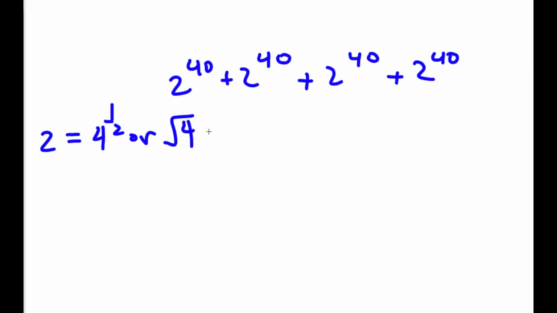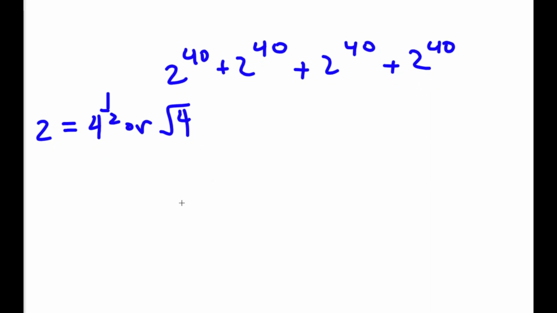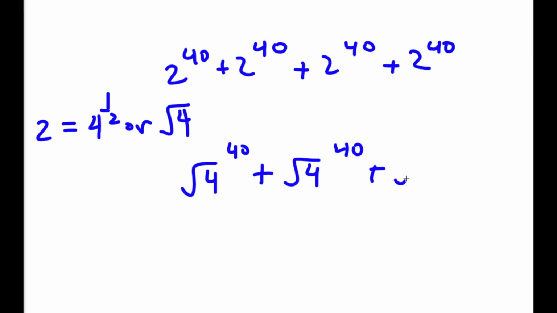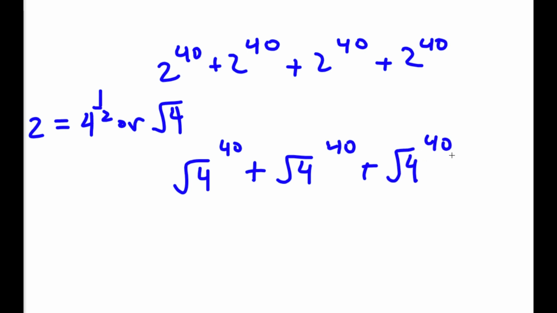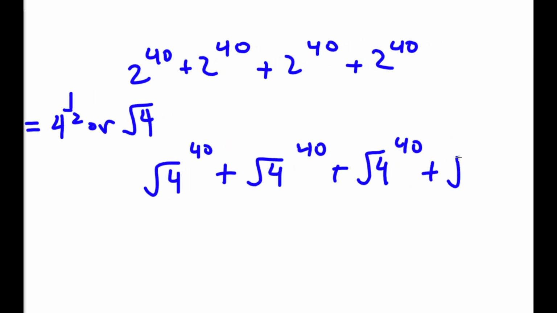So now, if I substitute in the square root of 4 for 2, I get the square root of 4 to the power of 40, plus the square root of 4 to the power of 40, plus the square root of 4 to the power of 40, plus the square root of 4 to the power of 40.